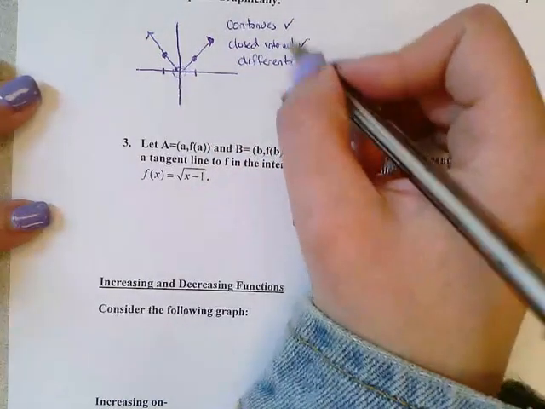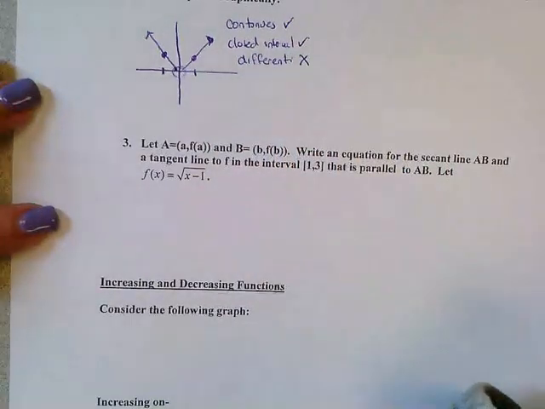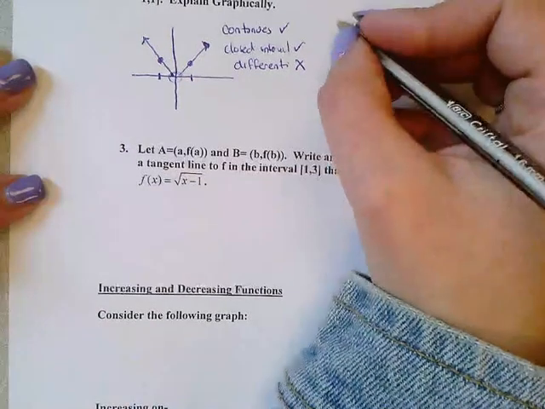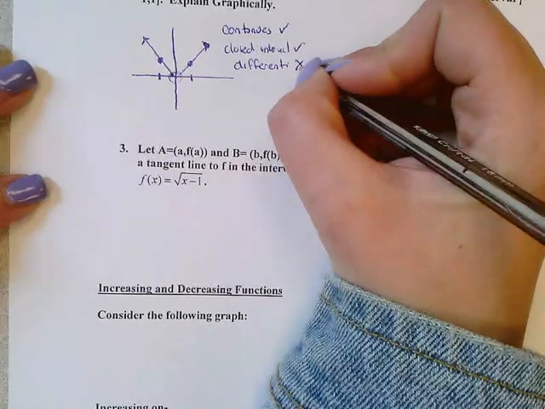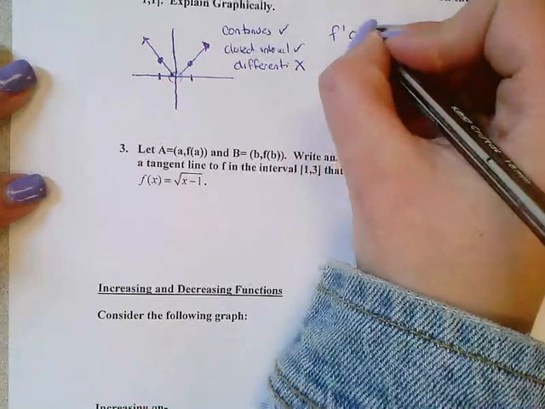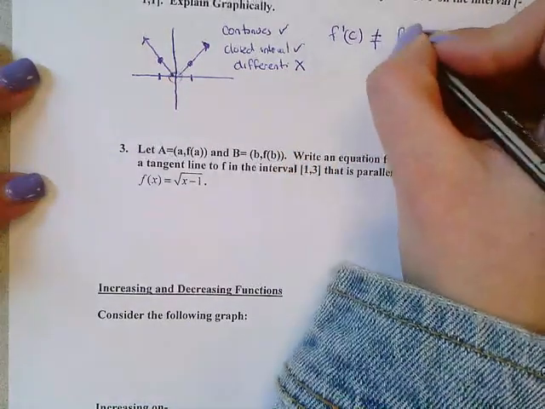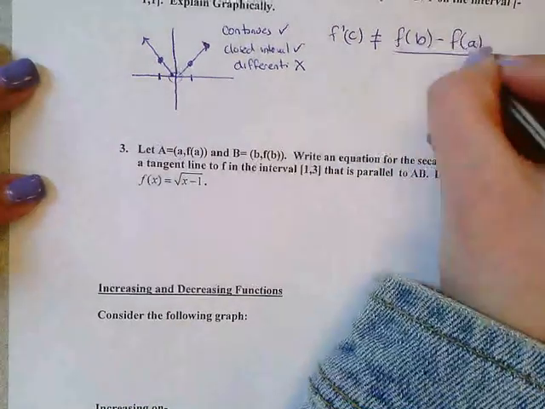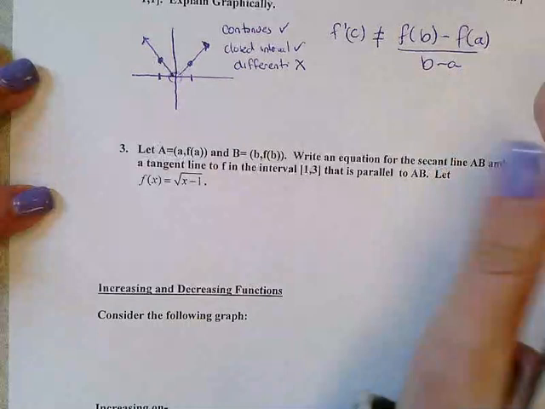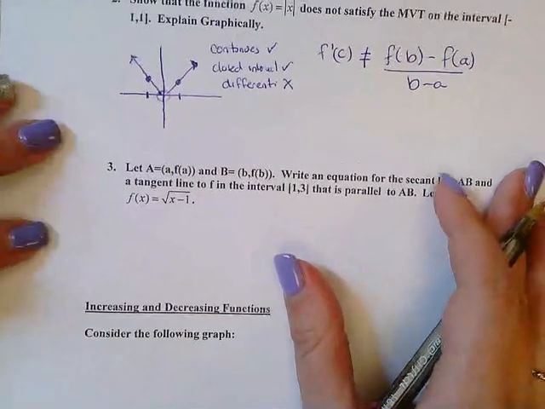So because this does not work, sorry for the interruption. You guys can, I'm sure you fast forwarded through that. So because these 3 things don't match up, then we know that f prime of c does not equal f of b minus f of a over b minus a. So the mean value theorem should not work.